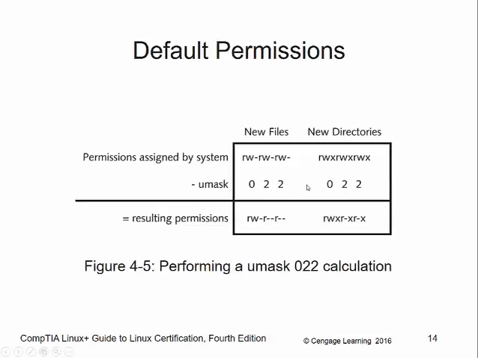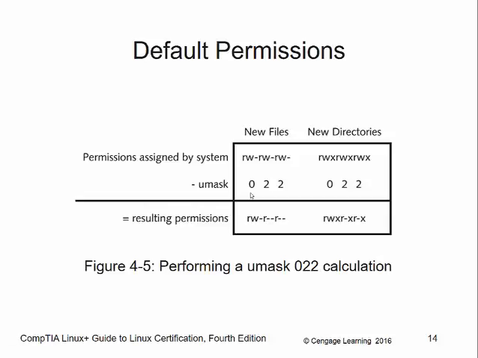If umask was not there, every time you touch a new file, it would automatically get 777. But the umask, and it's expressed in values like this, so 022 is a very common one, is a subtraction value.